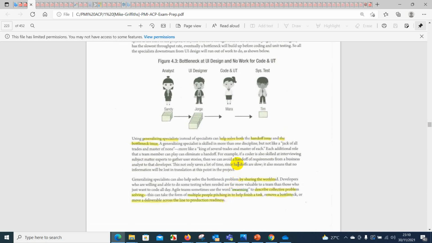Generalizing skill means skill in more than one discipline, not a jack of all trades and master of none, but like a king of several trades and master of each.